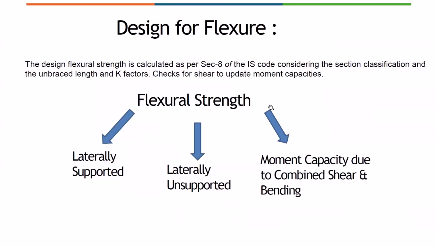Next step is the design for flexure. So the flexural strength is evaluated for a laterally supported case and a laterally unsupported case, and the moment capacity is modified in the case of a high shear condition.